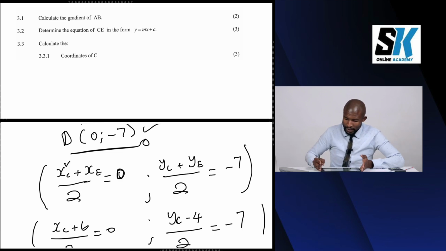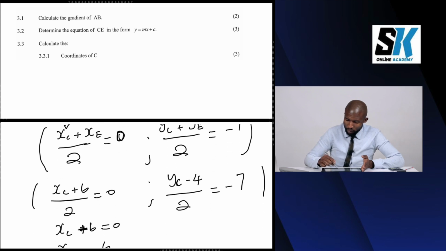And then we're going to cross multiply again. We're going to say 2 times negative 7 is going to be negative 14. So YC minus 4 will be equal to negative 14.